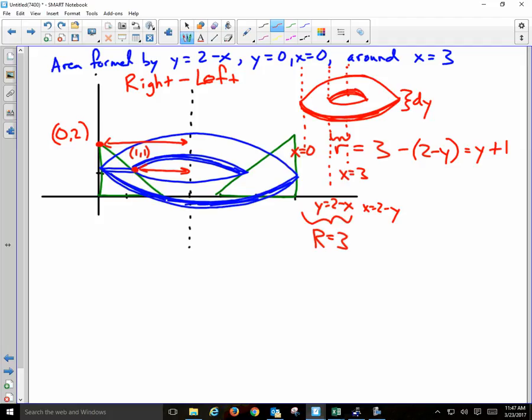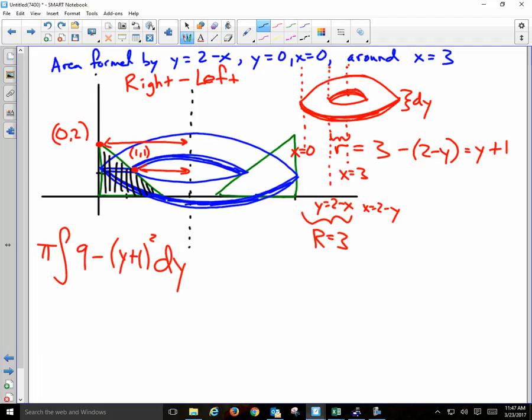So we've got the integral times pi of big R squared. What's big R? Square root is 9 minus little r squared. Little r squared is (y plus 1) quantity squared dy. I'm going to look at my original shape in order to determine my bounds. Am I looking at x values or y values?